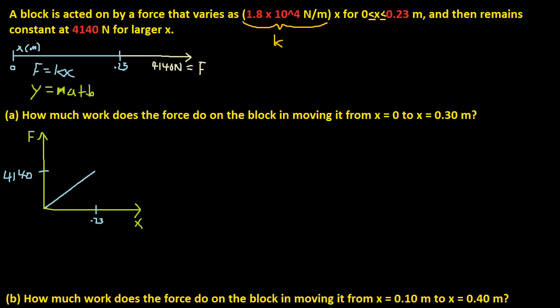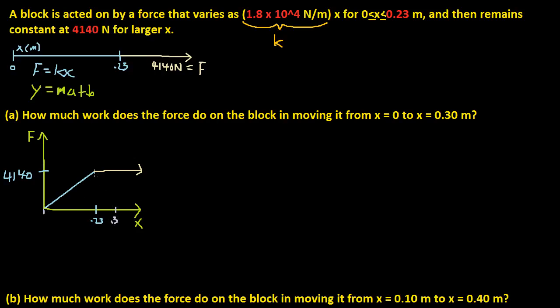From there on, it's going to stay at 4140 newtons, like this. That's the y value. Okay, so let's do A now. How much work does the force do on the block in moving it from 0 to 0.3? It's asking how much work is done moving it from here to, let's say here, if this is 0.3.